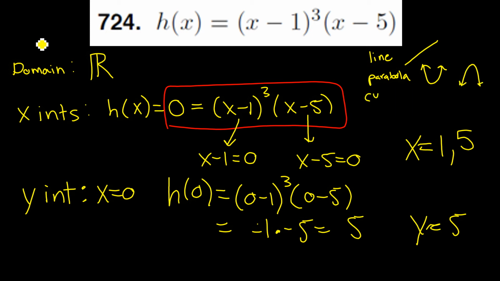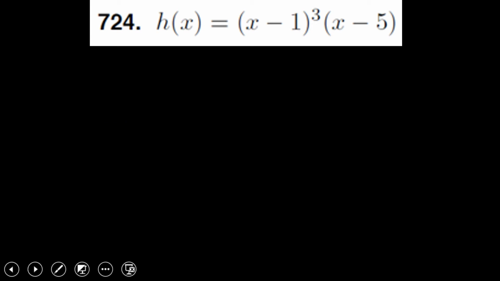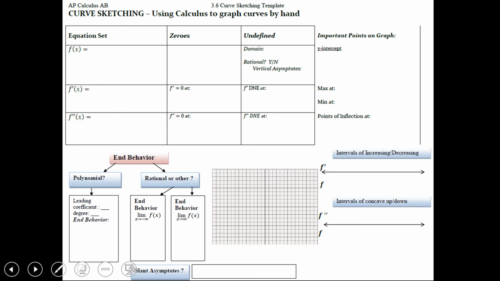Cubics follow a similar pattern over and over. So this is a fourth degree function, and we're going to fill out the information in our template based on what we've seen here.